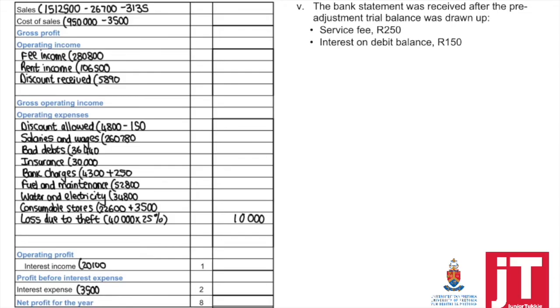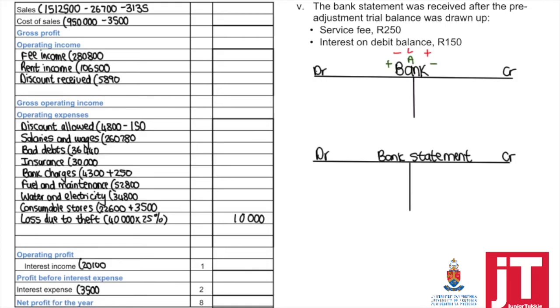Interest on debit balance. This is so important that you understand it, and you've learned this right in the beginning when you look at a bank statement. From our perspective, in our bank account, debit, credit. My bank can either be an asset or a liability.